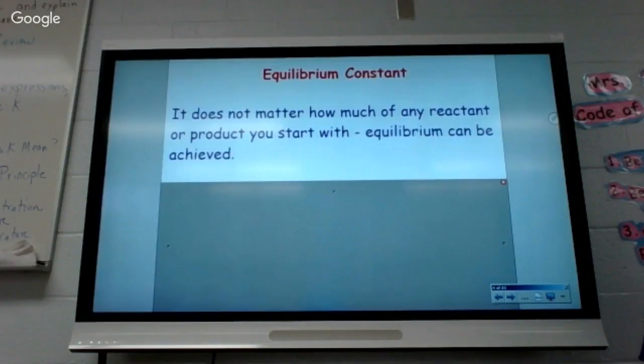We're even going to talk about how to shift equilibrium towards the end of class and on Monday. It's that shifting that's going to create the issues for us.